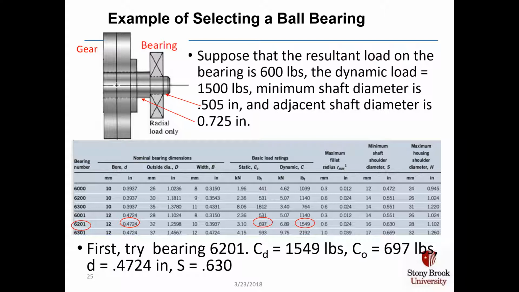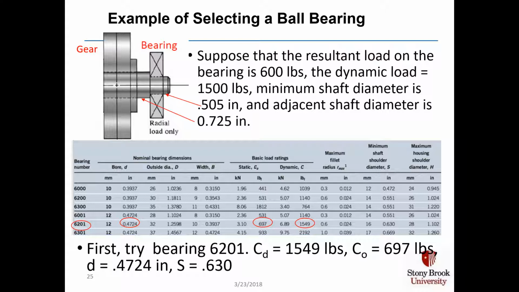So when we look at table 14-3, our first thought is to try bearing 6201. This has a static load C0 of 697 pounds, which is greater than 600. It has a dynamic load rating of 1,549 pounds, which is greater than the 1,500 pounds you need.